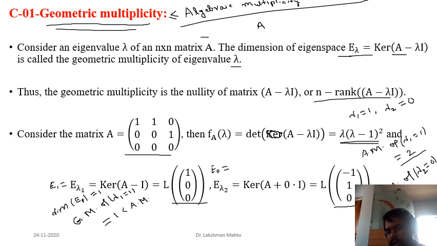But again here, if you come to E0, then what is the dimension of E0? That means the eigenspace associated with eigenvalue 0. So the dimension of E0 is 1. Here we observe that the algebraic multiplicity of 0 and the geometric multiplicity of 0 are both equal. So here we observe equality: the geometric multiplicity of lambda 2 equals the algebraic multiplicity of lambda 2.